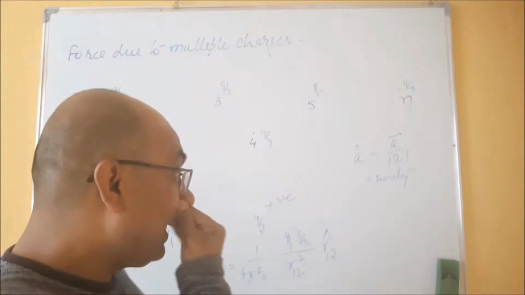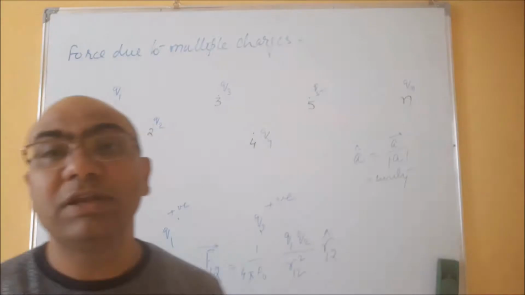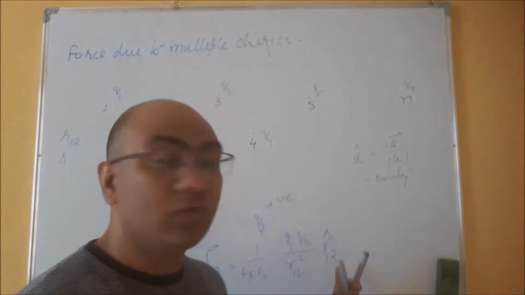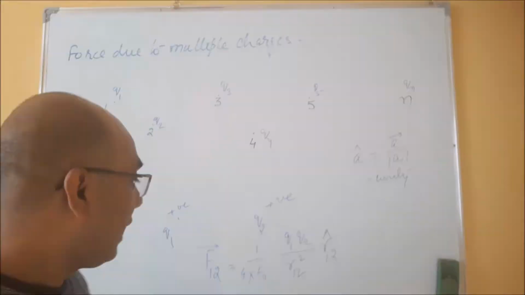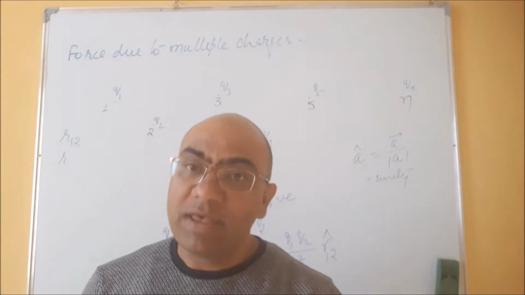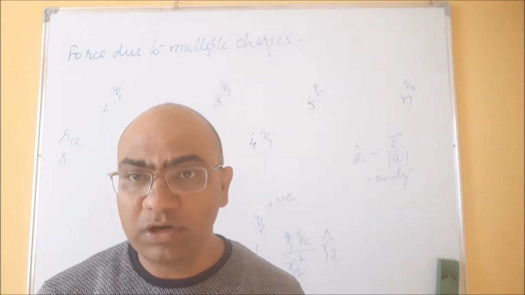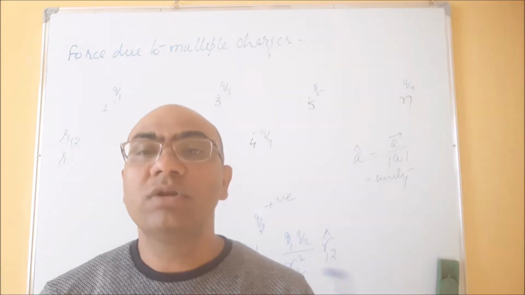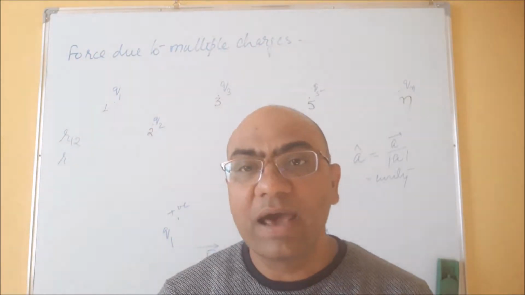Hence this r12 cap gives only the direction; its magnitude is unity. So the value of the force remains the same as in the previous case, but since force is a vector quantity, I cannot write it without a direction, and hence r12 cap gives the direction.